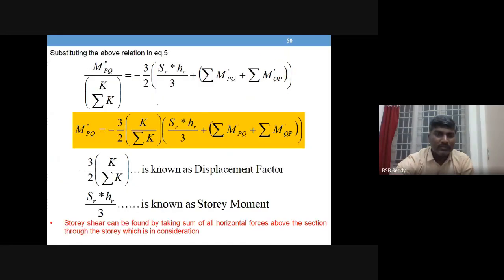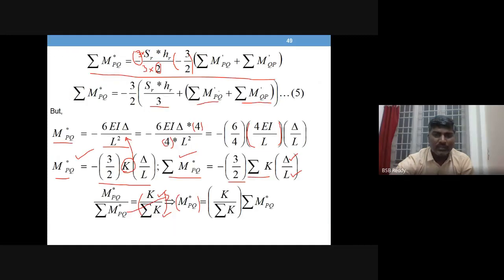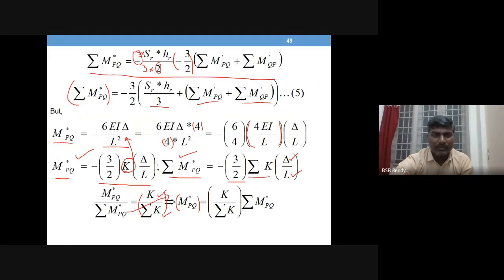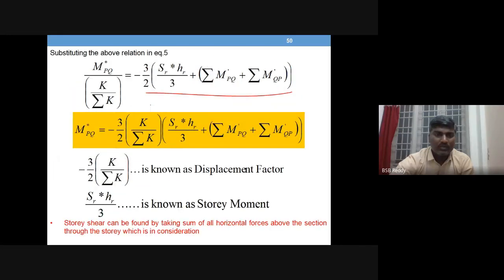Okay, so that you substitute in this equation 5. So it is m star pq divided by k by sigma k, and this is the right hand side of equation 5, this one. So this goes to the numerator here, minus 3 by 2 k by sigma k.